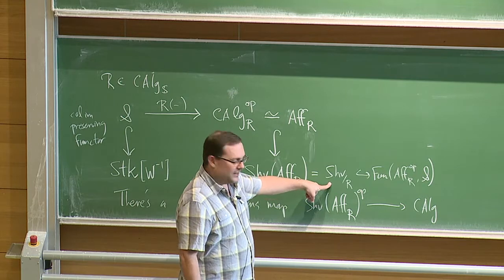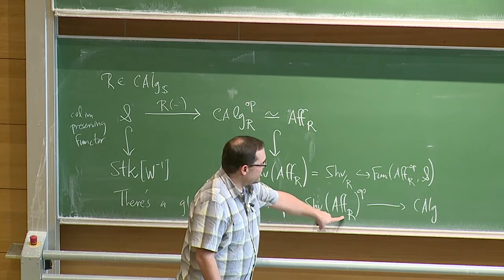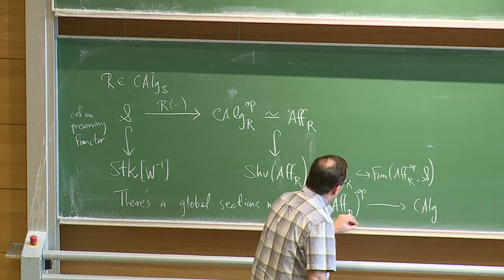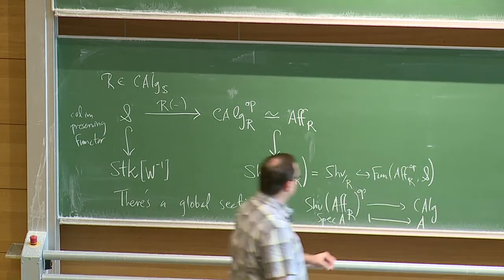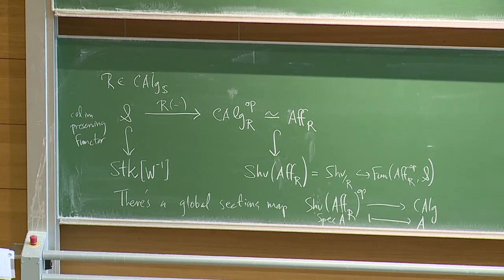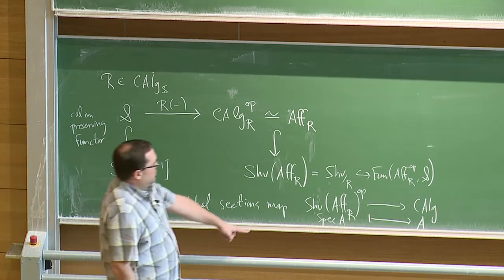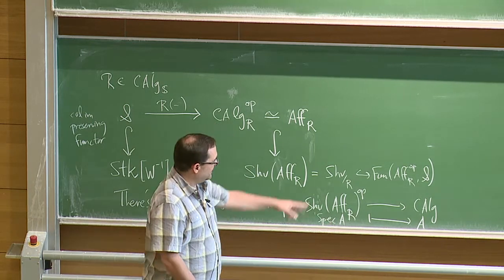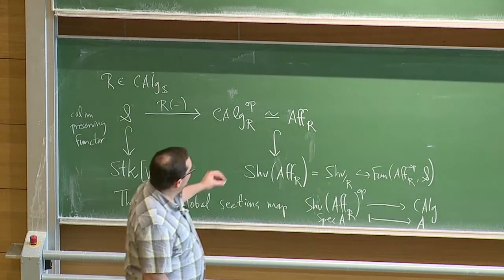So if it were affine, it would just send spec of A to A. And then it extends that, well, any sheaf here is a colimit of representables, so I can extend that functor formally.